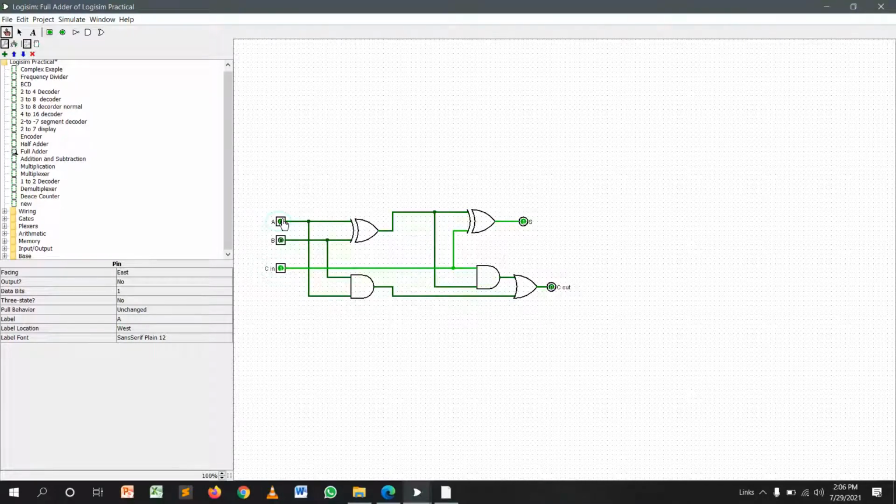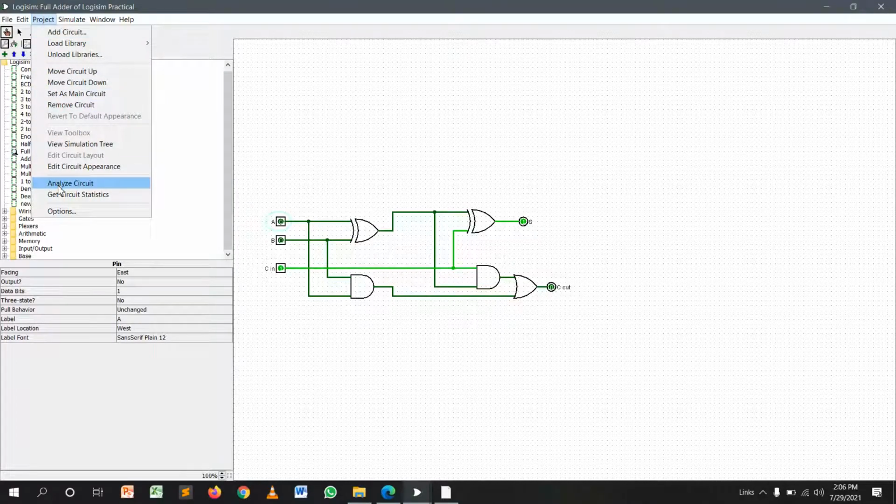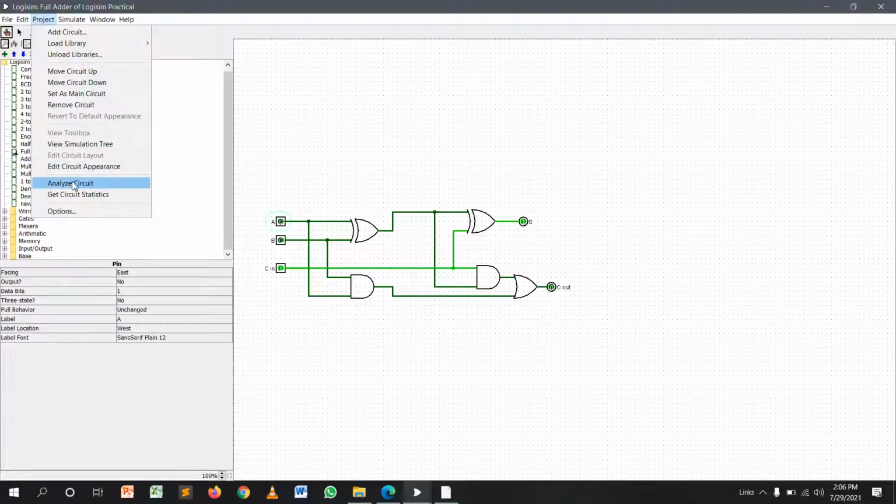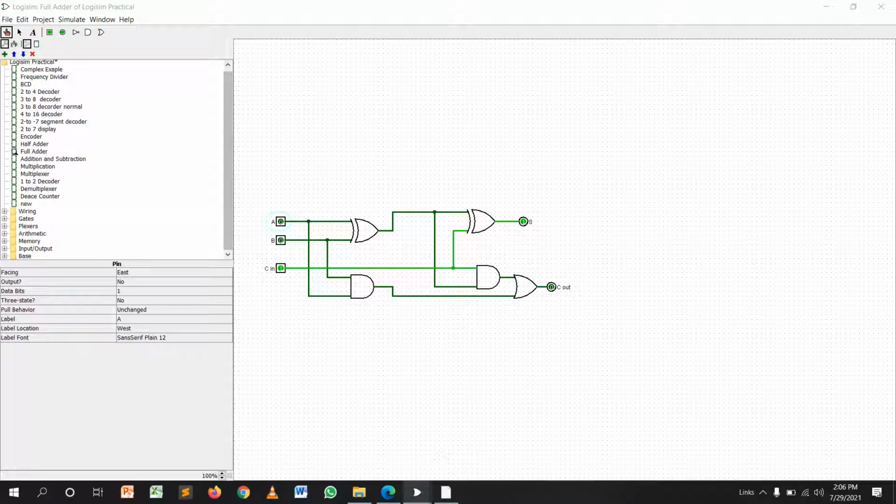This is the implementation in this circuit. I'll show you the table diagram and analysis circuits.